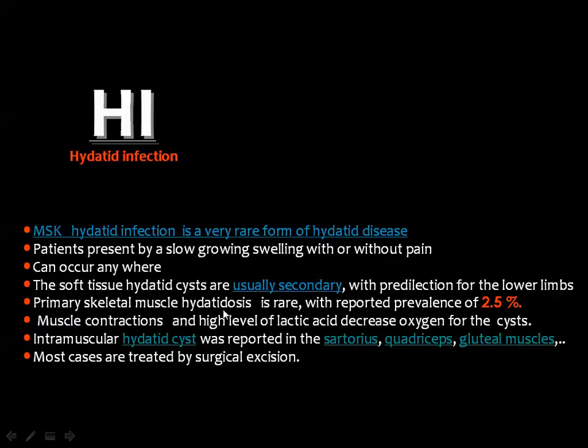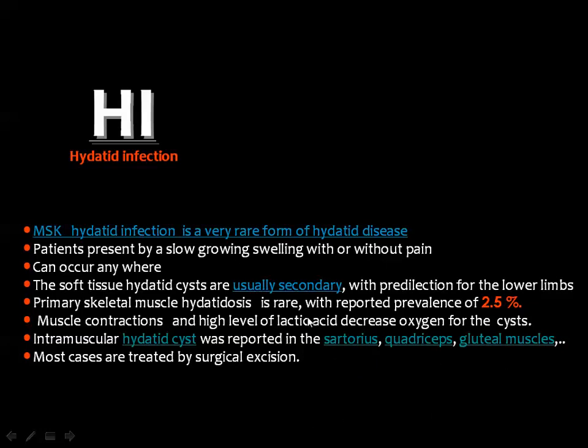Hydatid cyst in the soft tissues is considered very rare, and it may be seen anywhere in the body, but commonly in the thigh. These are the muscles affected by the hydatid disease, like the sartorius, the quadriceps, and the gluteal muscles.